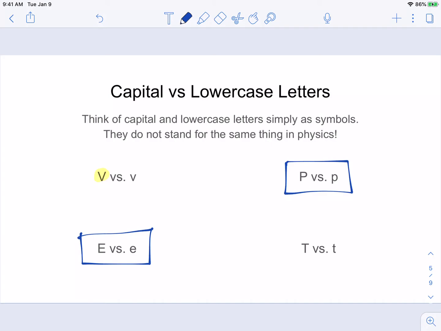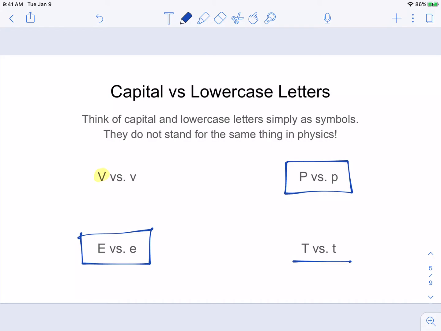Depending on the course that you're in, pressure is another P, and sometimes I've seen it as capital in some books and lowercase in others. But you can see that with these variables, a capital versus a lowercase means two different things. And of course, I have another one down here, capital T versus lowercase t, where capital T refers to a period, which is the time it takes for something to go through one cycle.